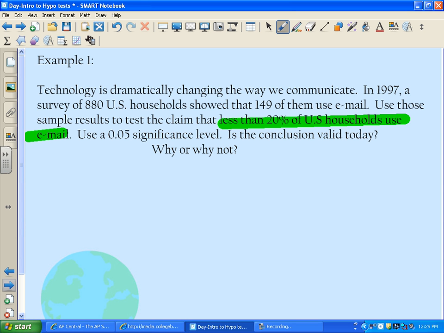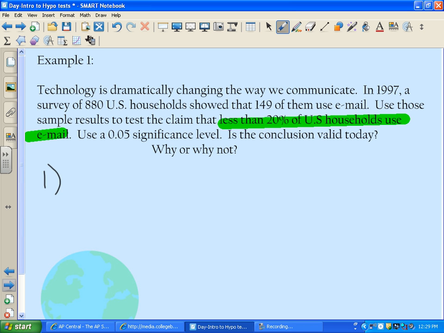Step number 1, identify what it is you're talking about. Is this a proportion or is this a mean? Proportion. How do we know it's a proportion? It tells us 149 out of 880. So it tells us we're using a proportion, which in the back of your head should say at some point we're going to talk about a z statistic and not a t statistic.